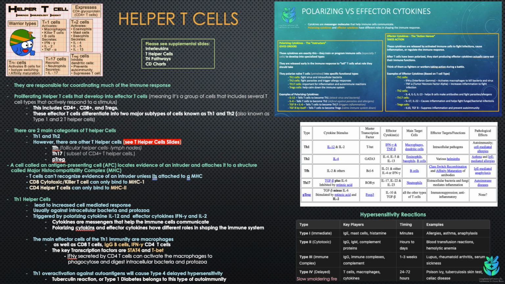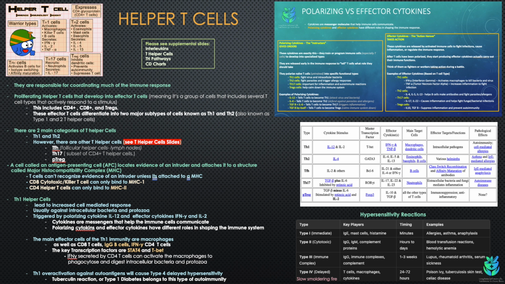Helper T cells. T helper cells are responsible for coordinating much of the immune response, proliferating helper T cells that develop into effector T cells, meaning it's a group of cells that includes several T cell types that actively respond to a stimulus. This includes CD4+, those are your helper T cells, CD8+, those are your killer T cells, and your T regulatory cells, called TREGs.